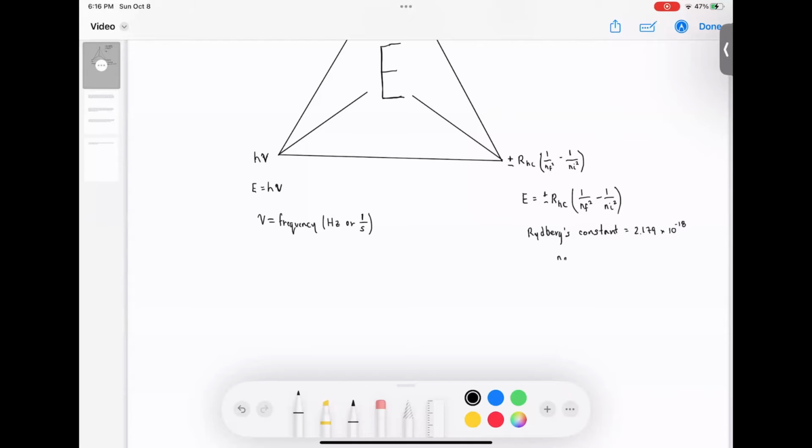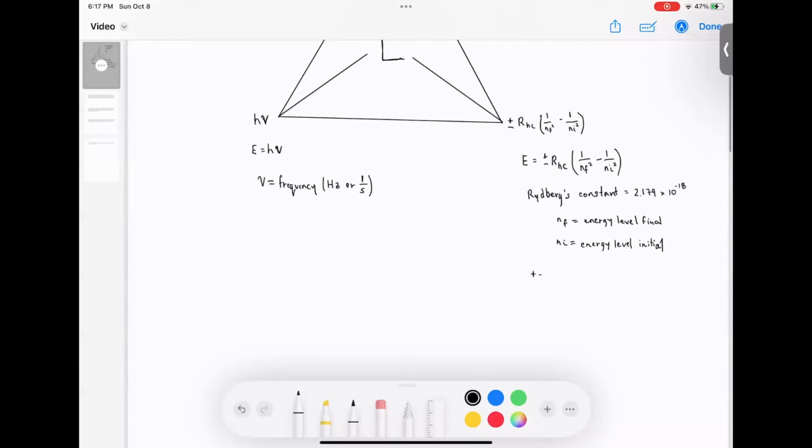NF stands for energy level final. There's no units attached to that. And NI, can you guess what that is? Energy level initial. Now you might be asking, what does that plus and minus mean? Well, plus tells you that you're absorbing.